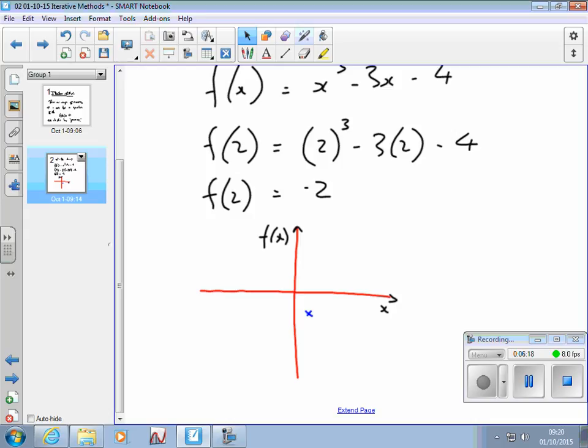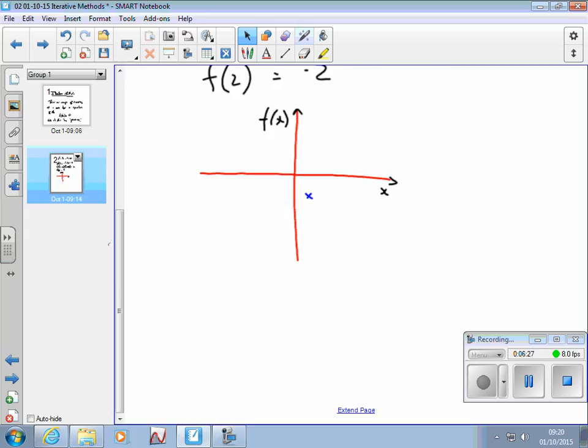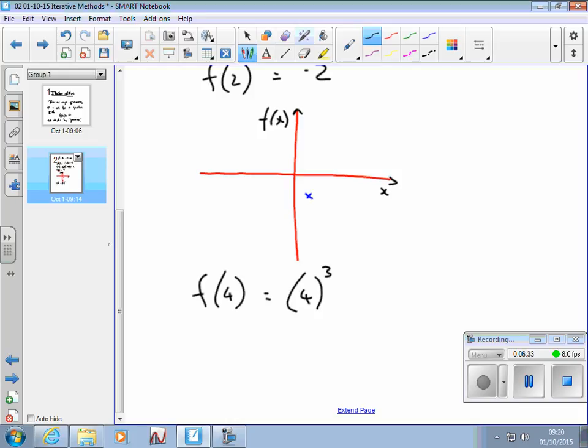Guess another number. 4. f(4) equals 4 cubed minus 3 times 4 minus 4.